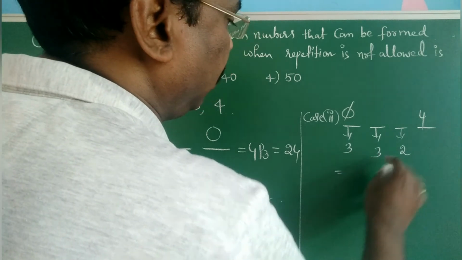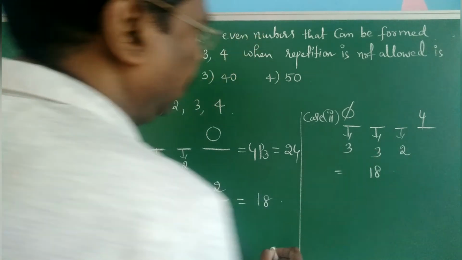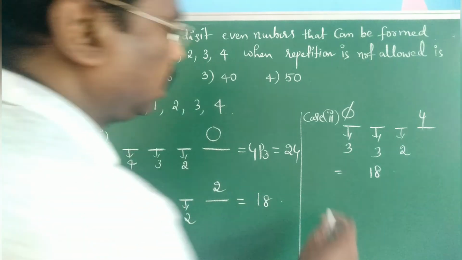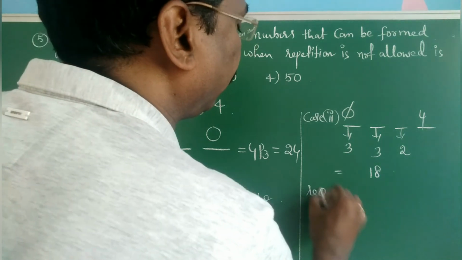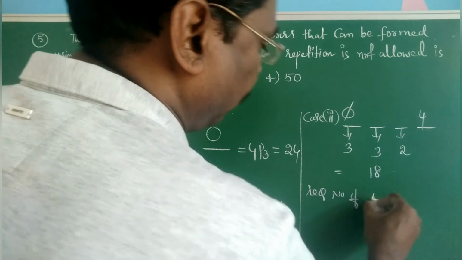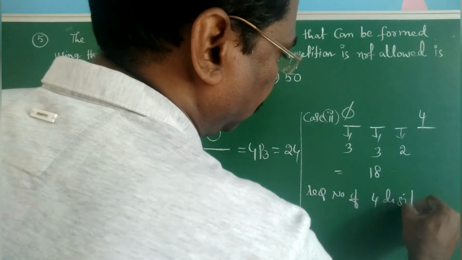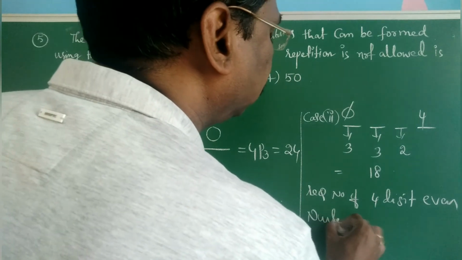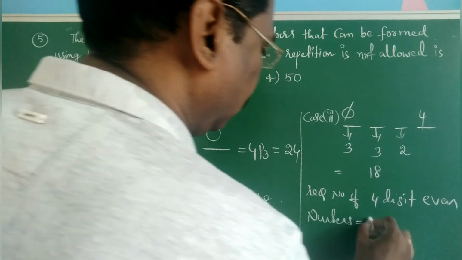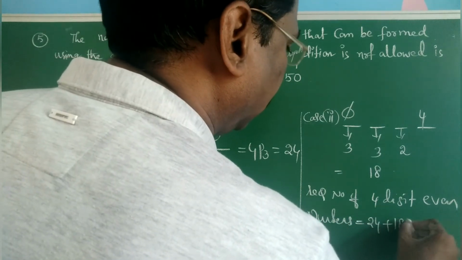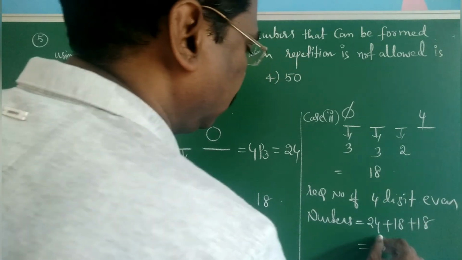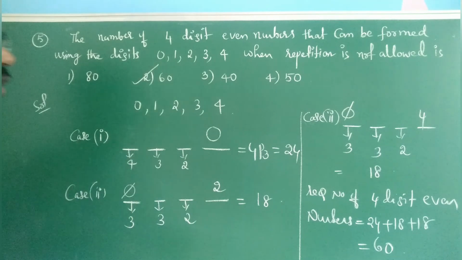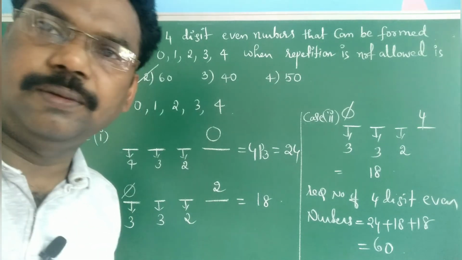Now 3 into 3 into 2 is equal to 18. Therefore, the required number of 4-digit even numbers is equal to 24 plus 18 plus 18, which is equal to 60. Therefore, option 2 is the correct one.